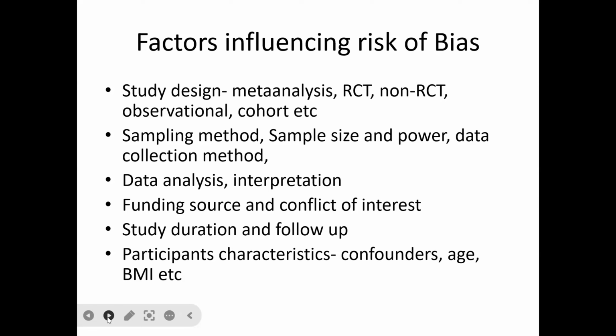Then participant characteristics like age, BMI, etc., or other confounding factors may be there, which may not have been taken care of. Like in this study, they have excluded recurrent implantation failure, recurrent abortions, and things like that. And so the sample is quite uniform. There could be one study where they have taken only the euploid embryo patients, where euploid embryos were available and the endometrium was good.